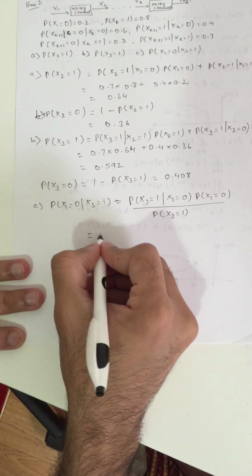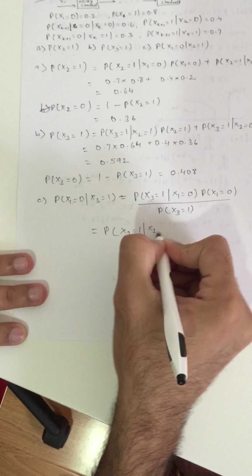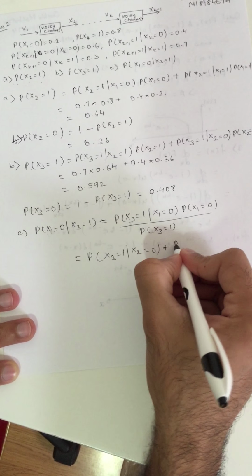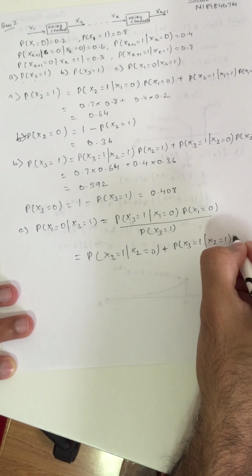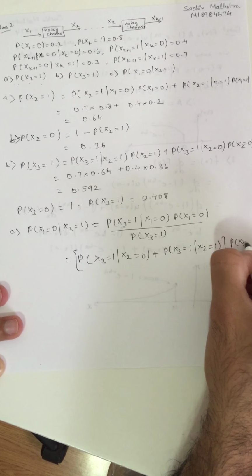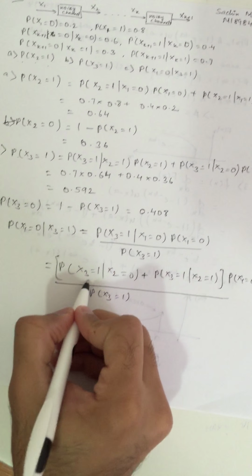We know that this equals P of X3 equal to 1 given that X2 equal to 0 plus P of X3 equal to 1 given that X2 equal to 1, whole multiplied by P of X1 equal to 0, upon P of X3 equal to 1.